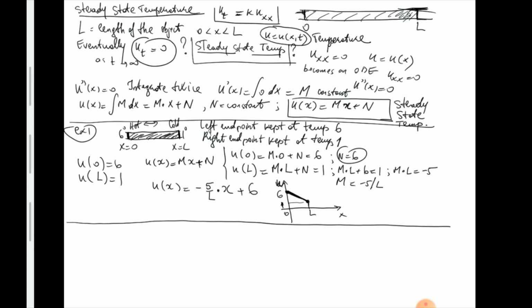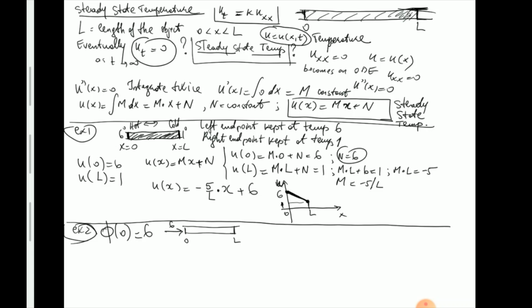So let's say I have, in the second example, and I'm going to use the same domain, right, 0 and L. Let's say the flux at the left end point is going to be 6. So it's going to be a positive flux inside toward the object. So heat flows in like this.